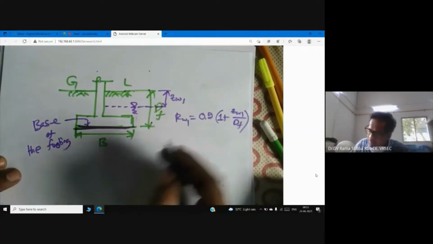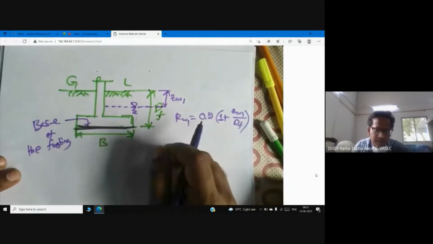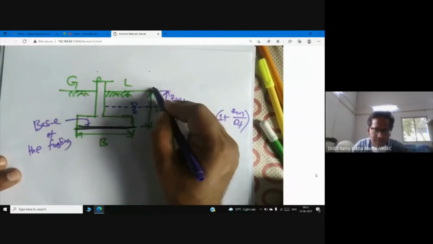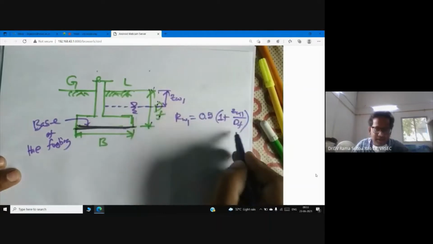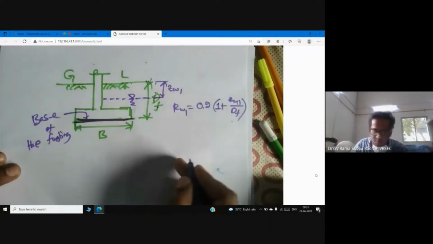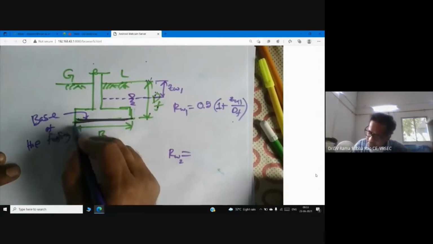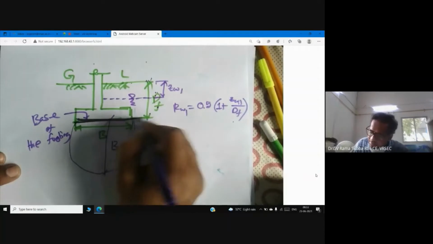Sometimes people ask me, sir, how do you remember this equation? See, here it is ZW1, measured from ground level, so depth. That's why I am writing ZW1 by depth. Now see how I will write RW2. Get ready. This is the influence of the width. This is the base of the footing.